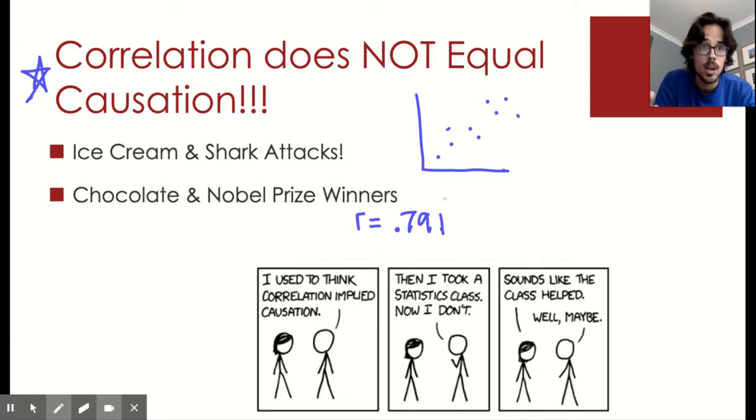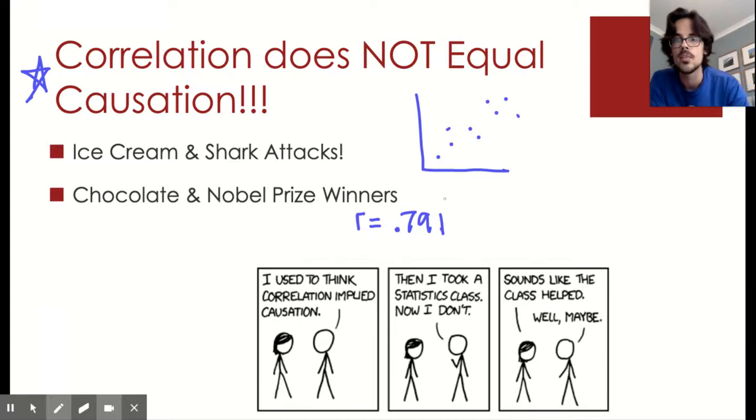And if you guys think about it for a second, what variable could be behind the scenes influencing how many Nobel Prize winners a country has? It ends up being income or just the wealth of the country, because wealthier countries have the ability to eat more chocolate, buy more chocolate, and wealthier countries have the resources to train more Nobel Prize winners. So just because R is high does not mean that one variable causes the other. You would need to do an experiment with random assignment to be able to talk about cause and effect.